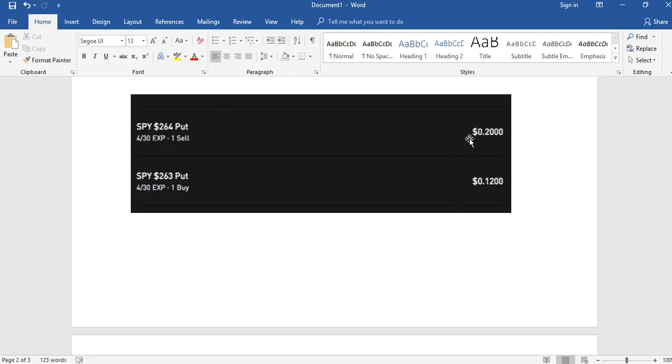If this was reversed, if the buy amount was higher than the sell amount, I would know it's a debit spread. So just from this one screenshot, I can already determine that this trader sold a put credit spread on SPY for the 4/30 expiration, and the credit they received would have been 8 cents, which is the difference between the two prices.